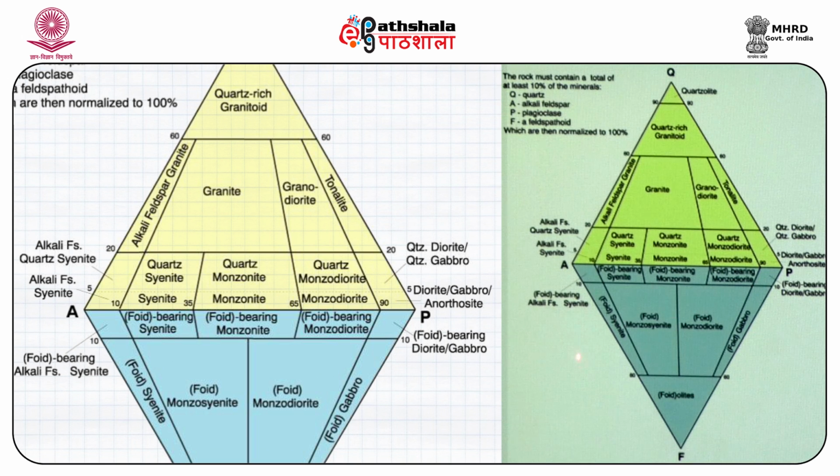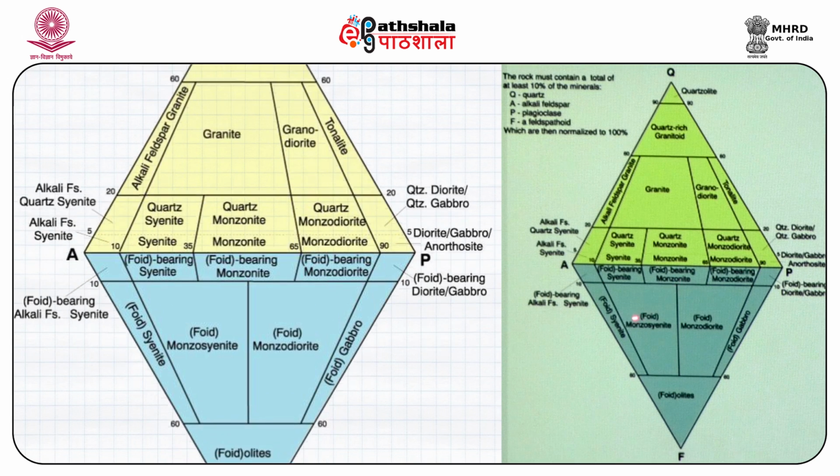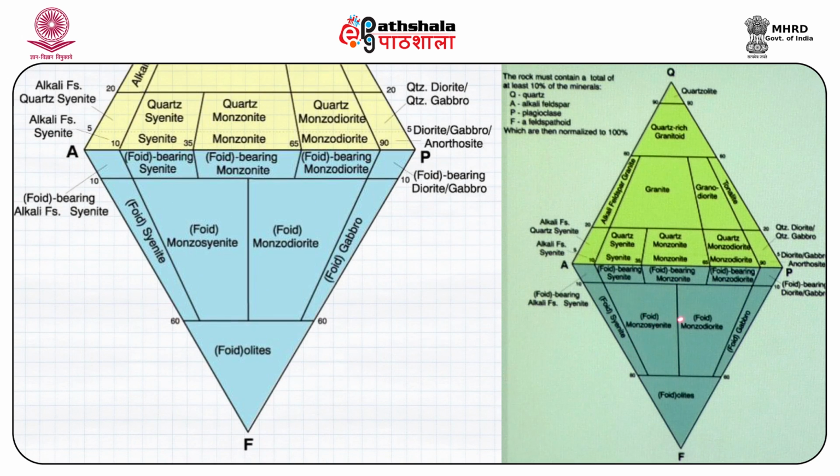Similarly, when you come to the other side where the silica is very little, with no free quartz, you will have foids and then monzosyenites, foid syenite.